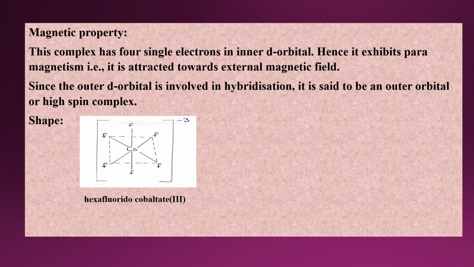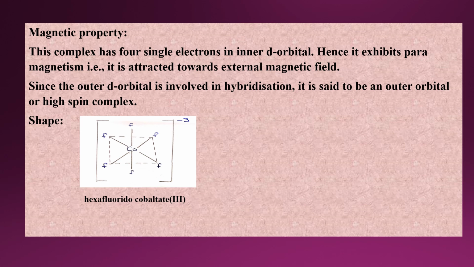You can note down the shape of this complex, [CoF6]3-, called hexafluoridocobaltate(III). So this is about the [CoF6]3- complex ion, its electronic configuration, its magnetic property and also its shape.